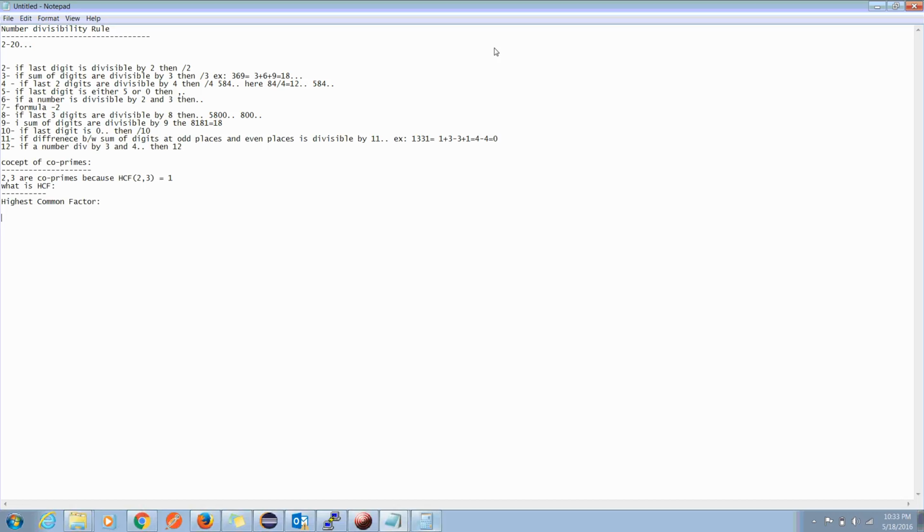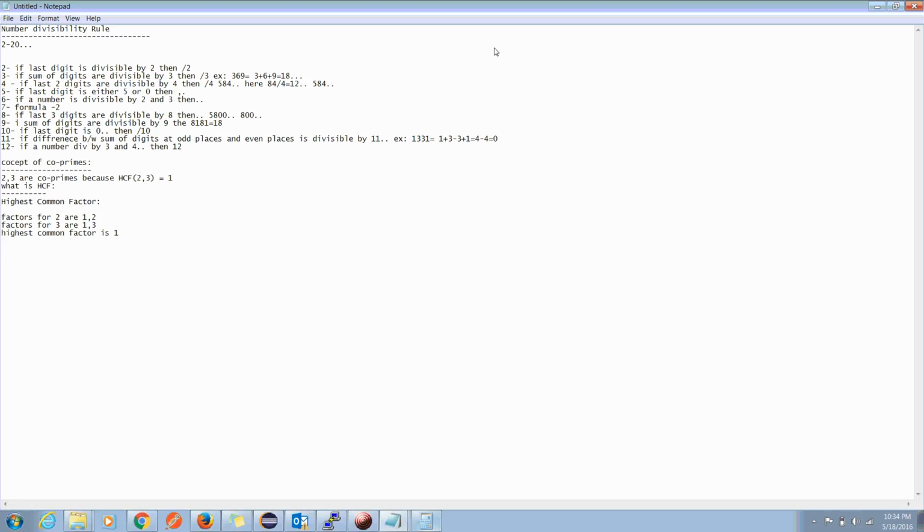What are the factors for 2? Factors for 2 are 1, 2. Factors for 3 are 1, 3. The highest common factor is 1, because the only common factor is 1. So the highest common factor for 2 and 3 is 1, so 2 and 3 are coprimes.